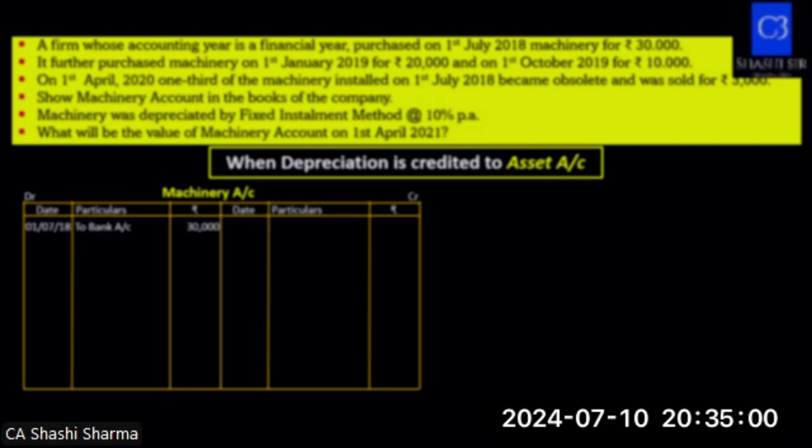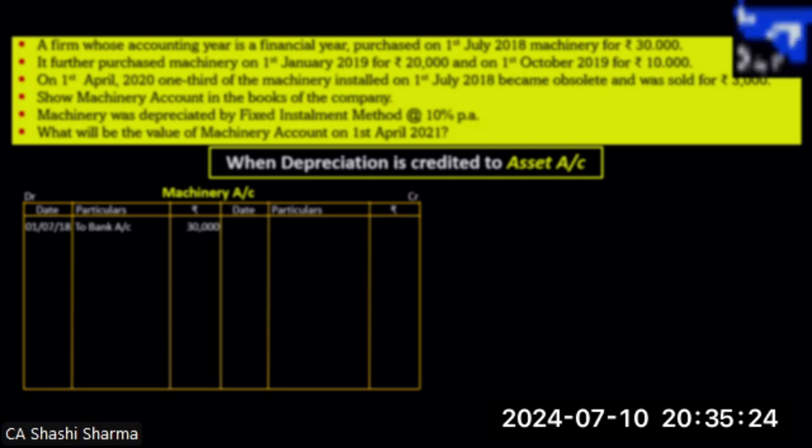Then after purchasing this asset, has any other asset been purchased in this year? The accounting year of the company is a financial year. Financial year means it will end on 31st March 2019.